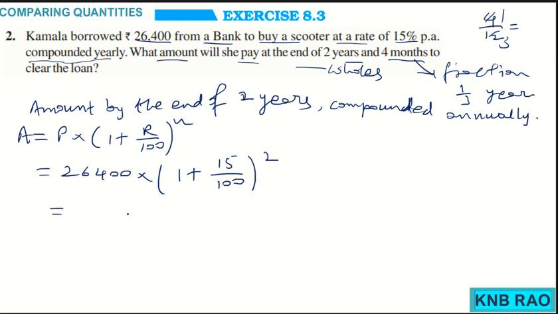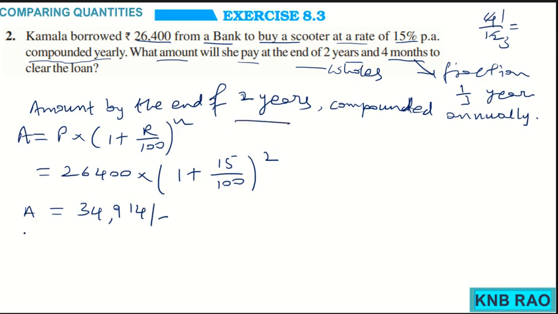Now on simplification, you will get somewhere 34,914 rupees as the amount by the end of 2 years.